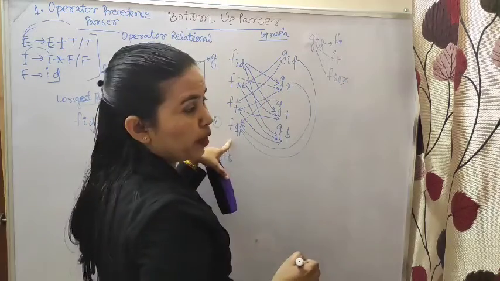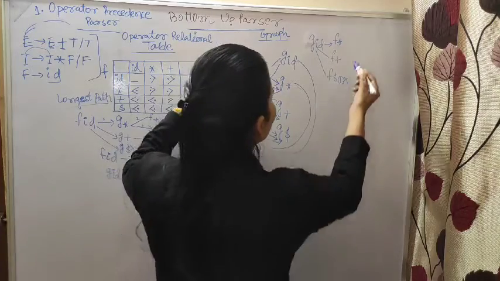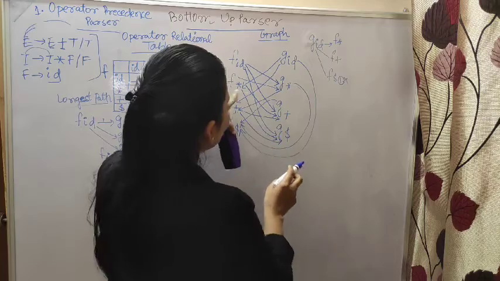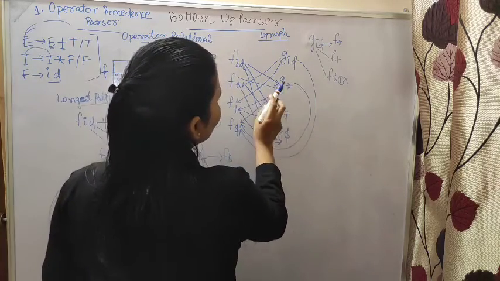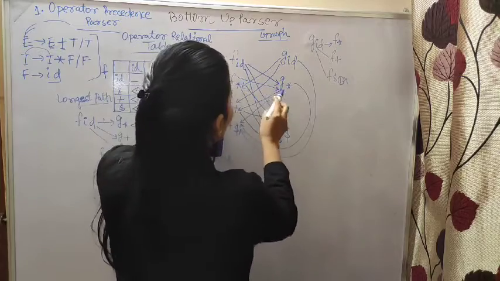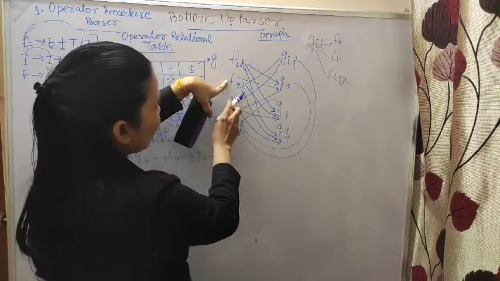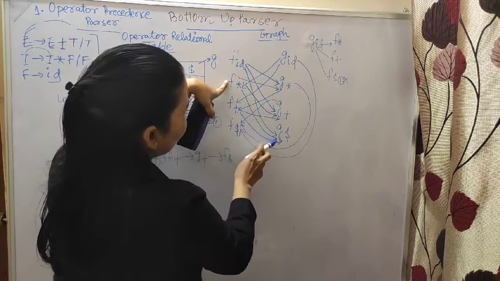Because it is the shortest path and we are finding the longest path. So now we are going first to the star. F star is going to G star, and then F star is going to G plus, and F star is going to G dollar.